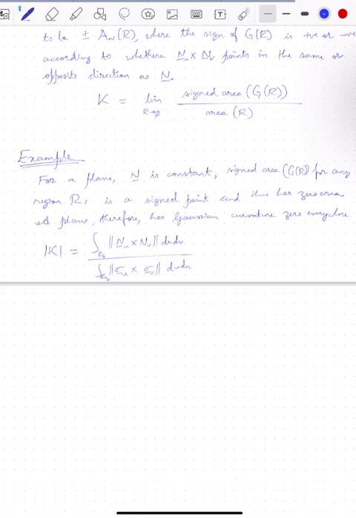So for a plane, sigma u and sigma v are just constant vectors, right? So on the top, for the numerator, n u vector is the zero vector, cross n v is also the zero vector.